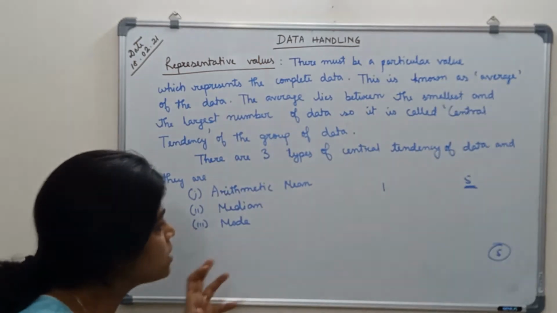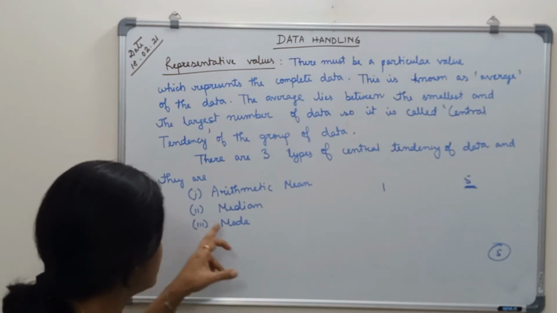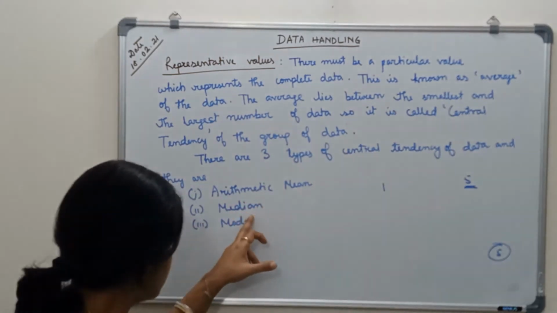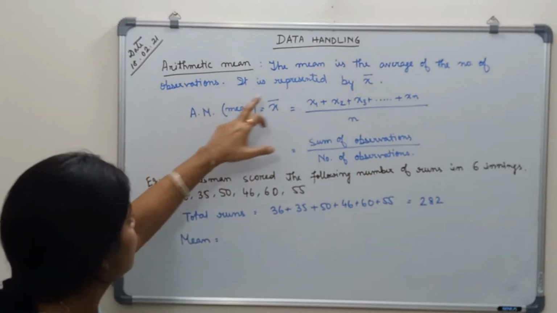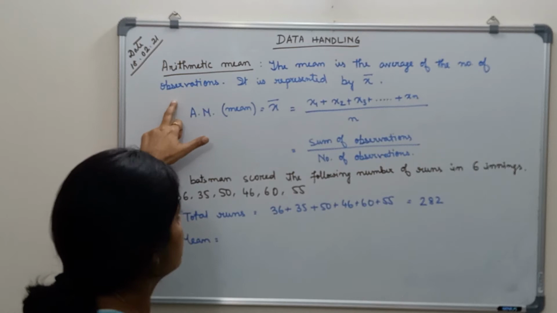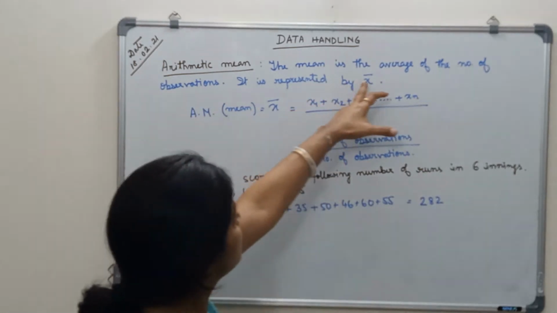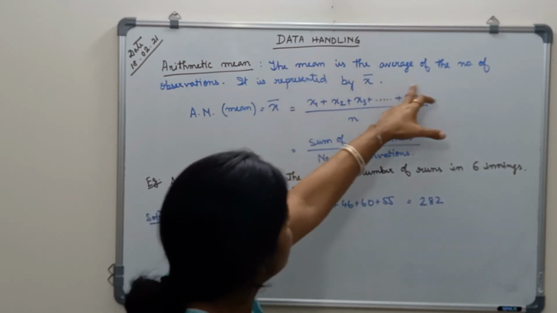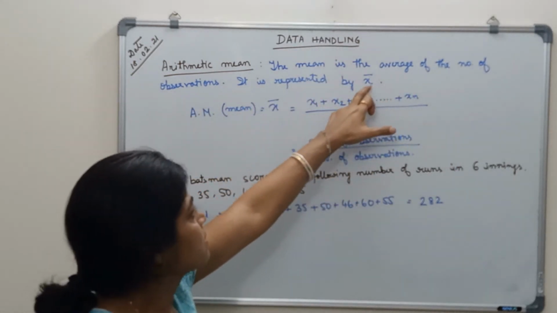There are 3 types of central tendency of data: arithmetic mean, median and mode. Now coming to arithmetic mean. The mean is the average of a number of observations. It is represented by x bar.